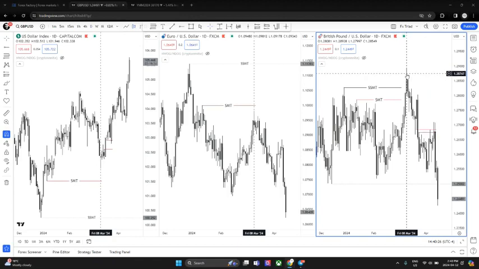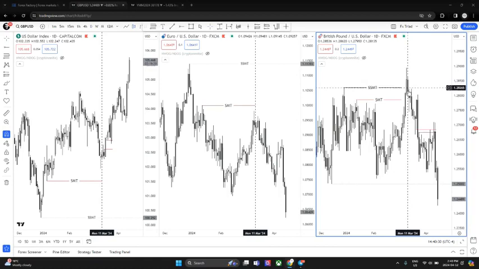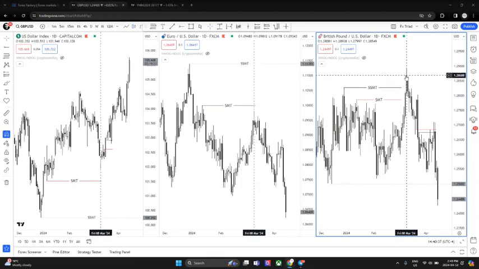Once you have this happen, and then a candle close below the precision swing point, that actually becomes a high probability order block. Like this is actually what you would call an order block.